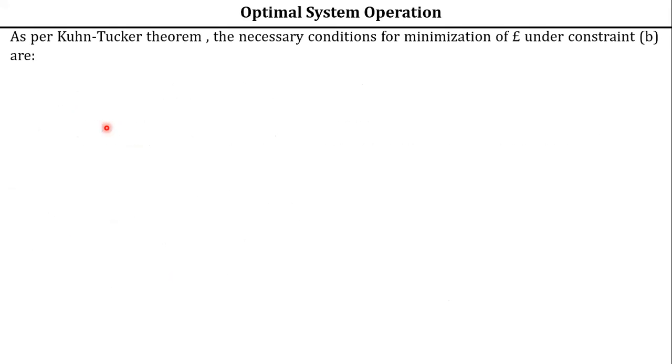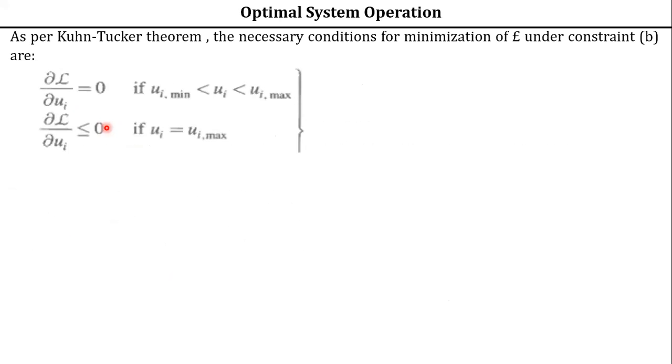So, these are the Kuhn-Tucker conditions. The first order partial derivative of your Lagrangian with respect to ui is equal to 0. That is nothing but your gradient, which is equal to 0 if your control variable lies within the minimum and maximum values.